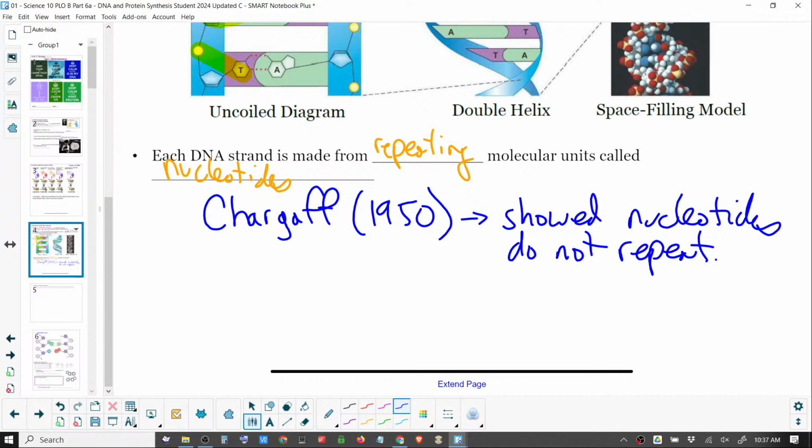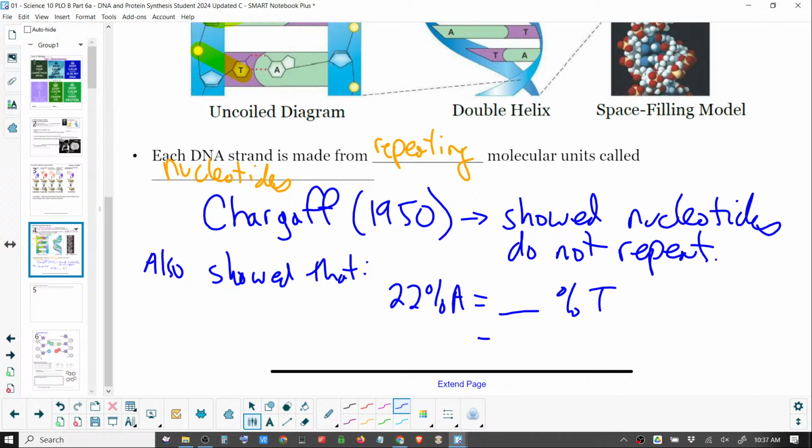He also showed, for example, if I have 22% A, if I know I have 22% A, what percent do I have of G?